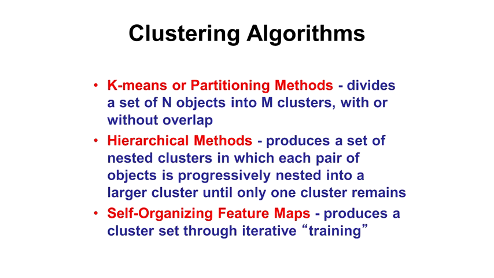Hierarchical methods are typically done when we do gene comparisons. It's a way of doing phylogenetic comparisons, trees or family relationship trees. That's an example of hierarchical clustering. Then there's another form which is called a self-organizing feature map, typically called an SOM. And that essentially produces a cluster set through a process of training. So in that regard, there may not be any defined rules. It sort of creates some rules.